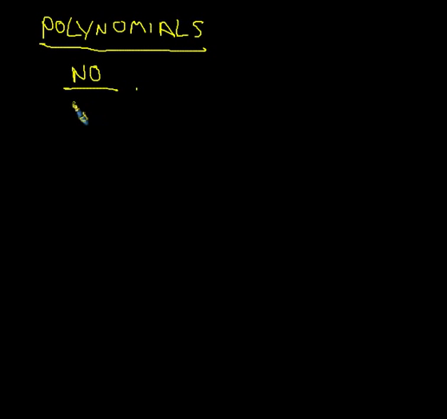No. If one of our terms looks like this, in other words, it has a negative exponent, then that whole thing is not a polynomial. If one of the terms looks like 1 over x, or if there's a variable in the denominator of any fraction in the polynomial, it's not a polynomial.